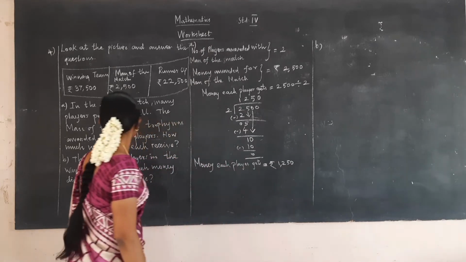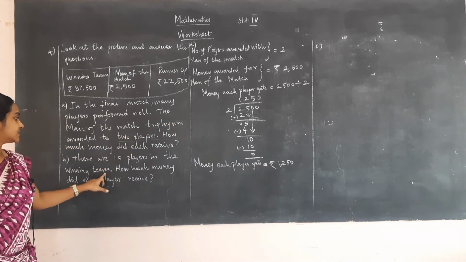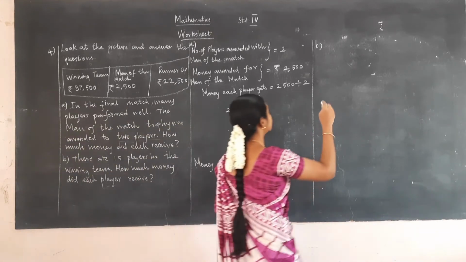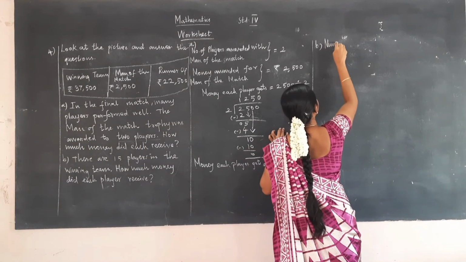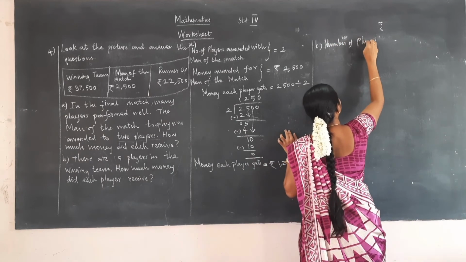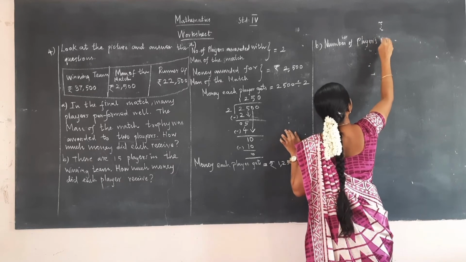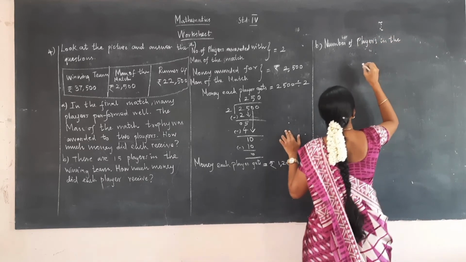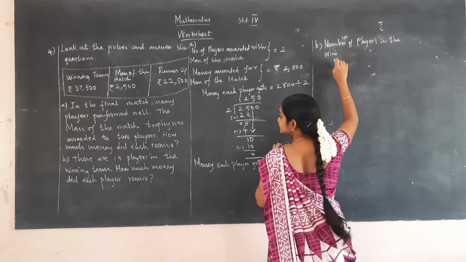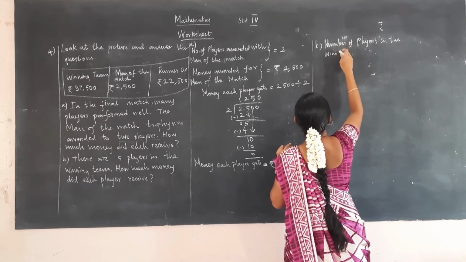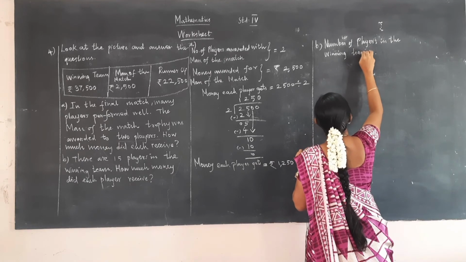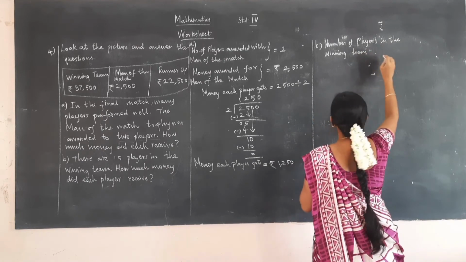The next question is, there are 15 players in the winning team. How much money did each player get? Number of players in the winning team is given as 15.